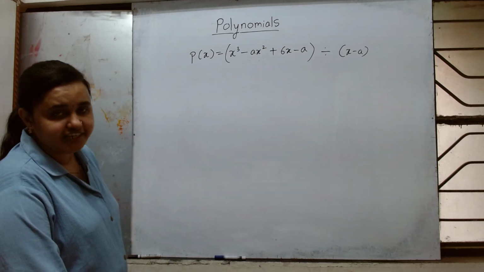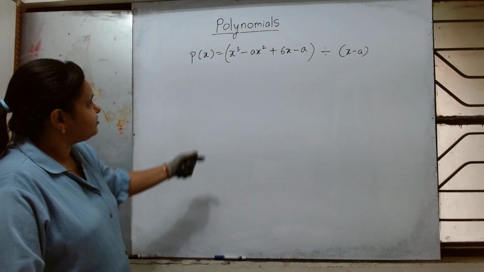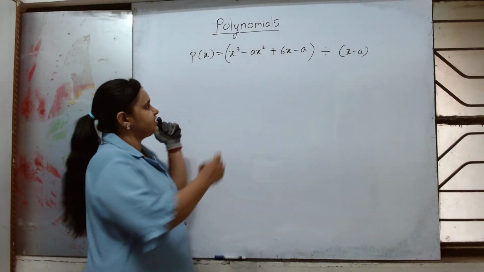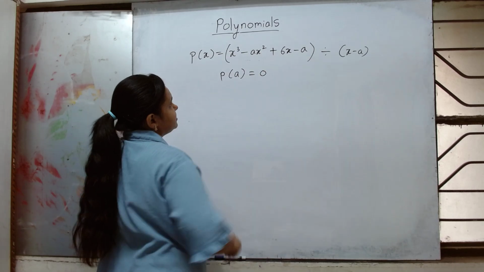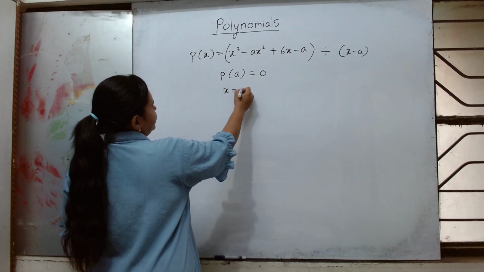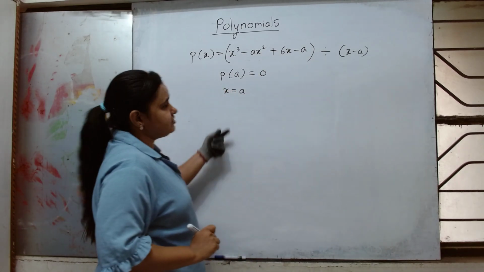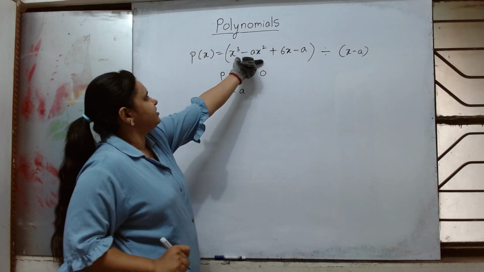We can find it by remainder theorem. If this is divisible by x minus a, then p of a will be equal to 0. That is, x will be equal to a. Just put x equals a in this polynomial.